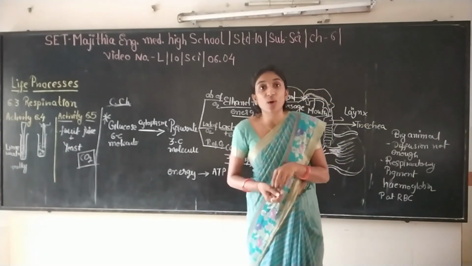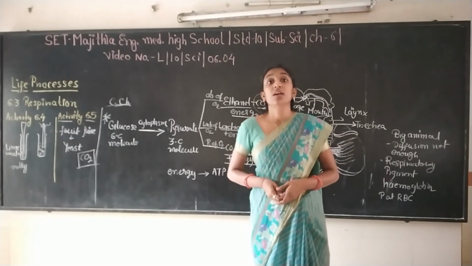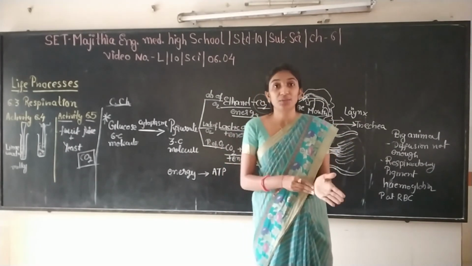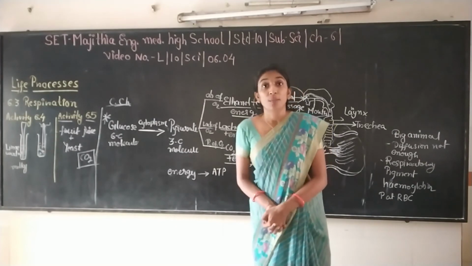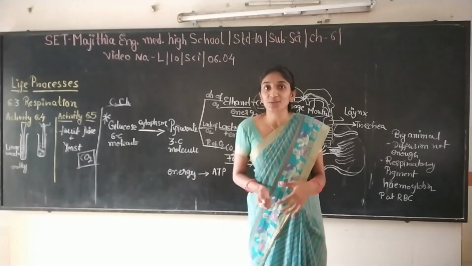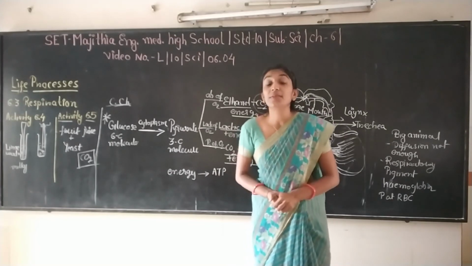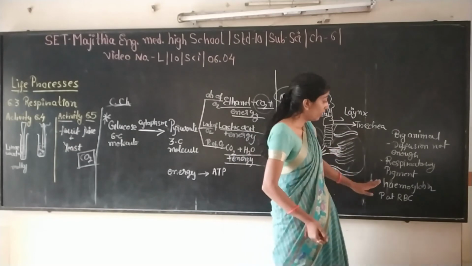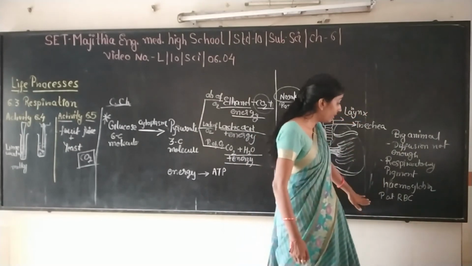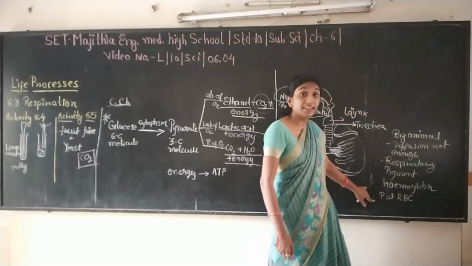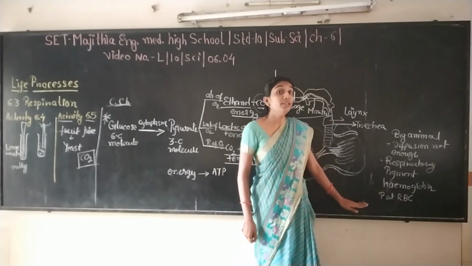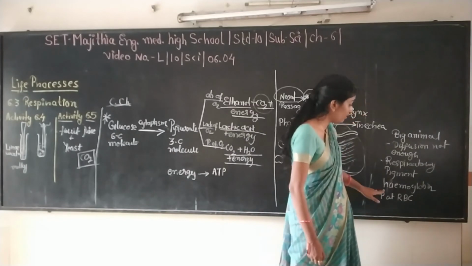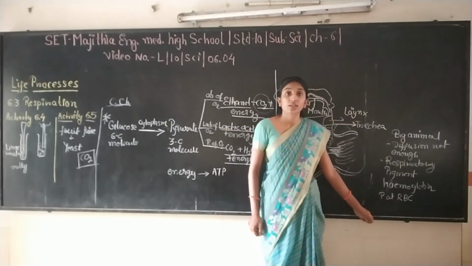So oxygen dissolves into it, and it is going to transfer to each and every tissue, and by tissue, I mean each and every cell of the body, where again this process is going to take place, and we are going to have activities. Hemoglobin is present in red blood corpuscles. You are supposed to remember that hemoglobin is present in red blood corpuscles.